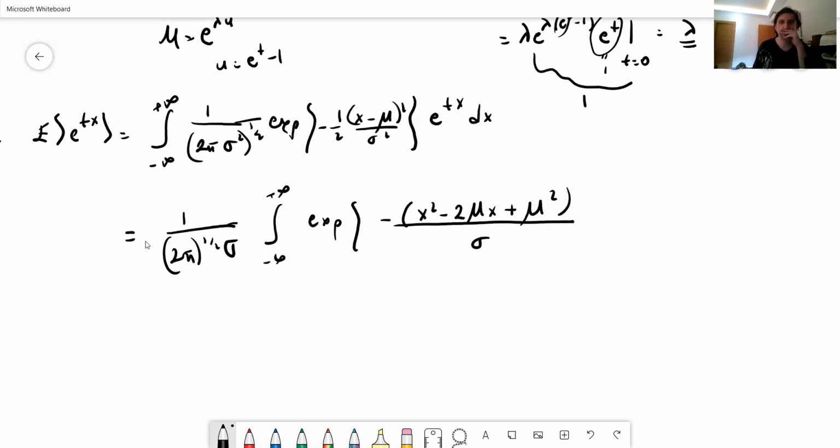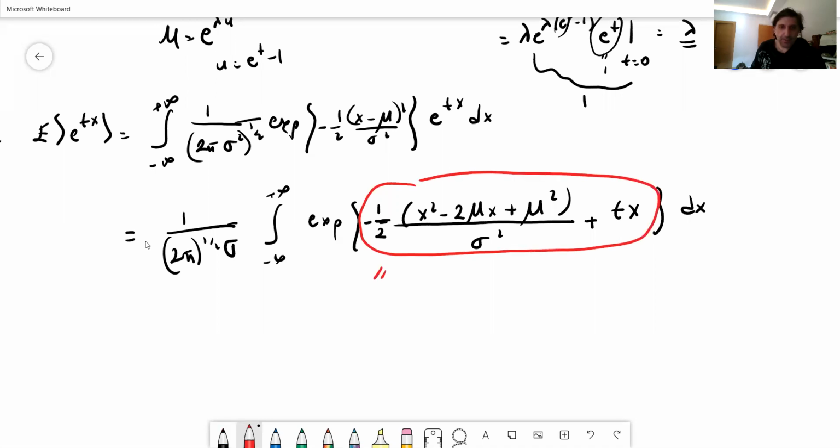I should be very careful with the signs here. Actually, I have a 2 here, so let's put it into minus 1 over 2. And we got plus t x here, dx.